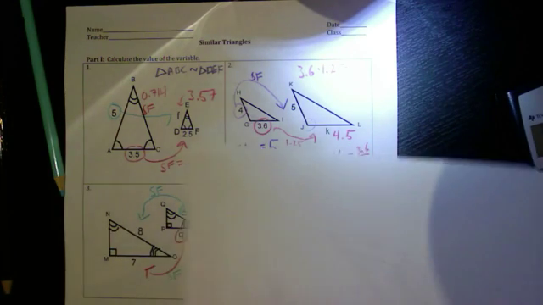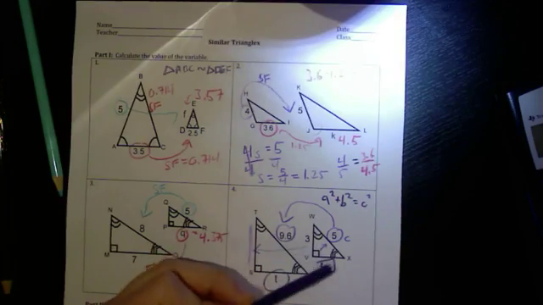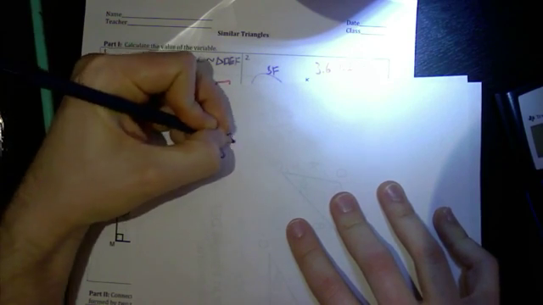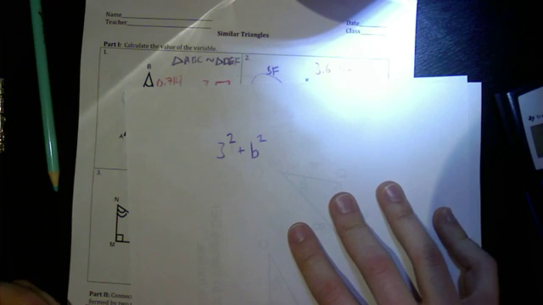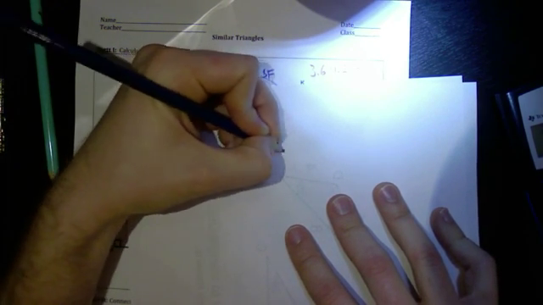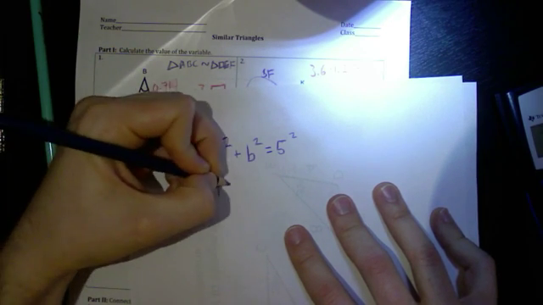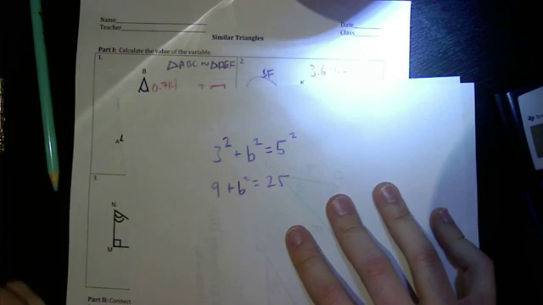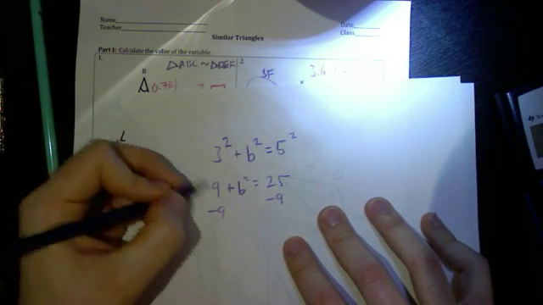All right? So I've got 3 squared plus, I don't know, something squared will get me 5 squared because it's a right triangle. 3 squared plus b squared, we'll keep it as the Pythagorean theorem, is equal to 5 squared. So I've got 9 plus b squared is equal to 25. Keep solving for b. I'll subtract 9 from both sides.